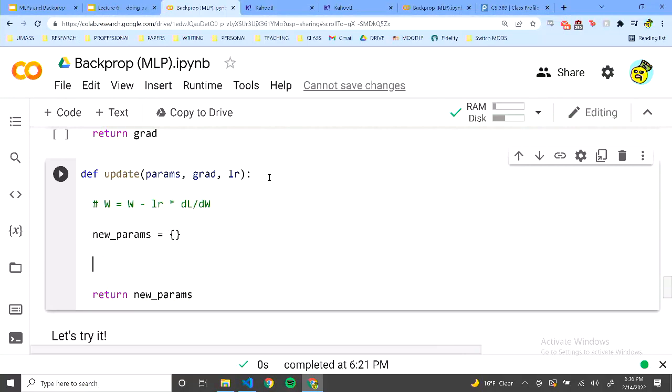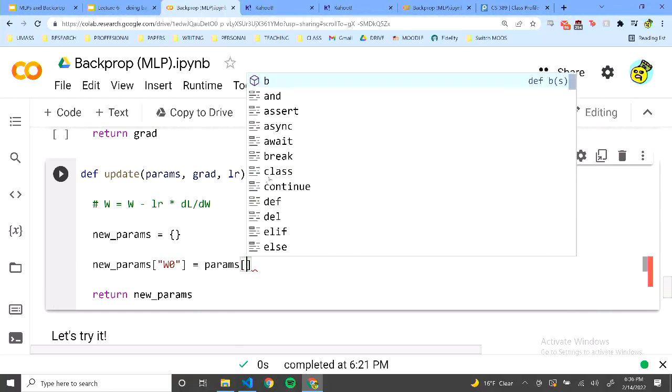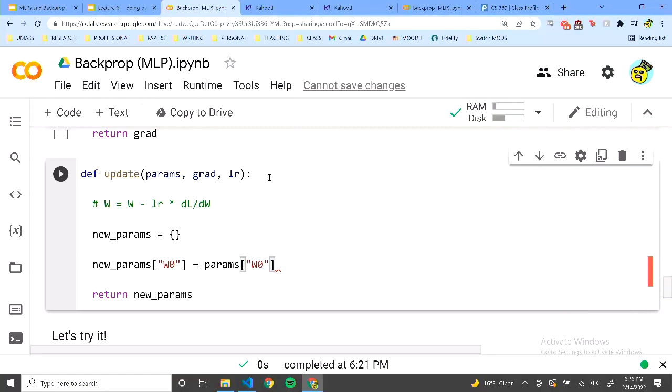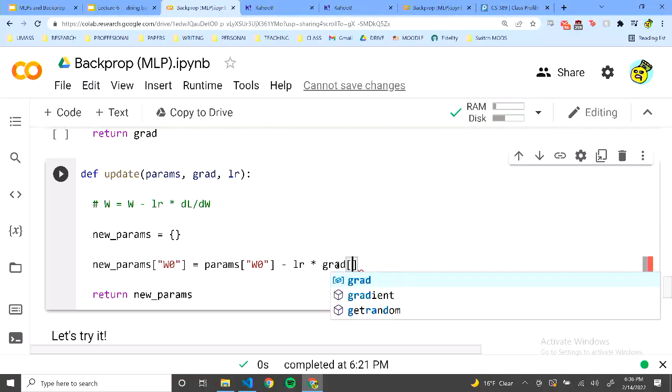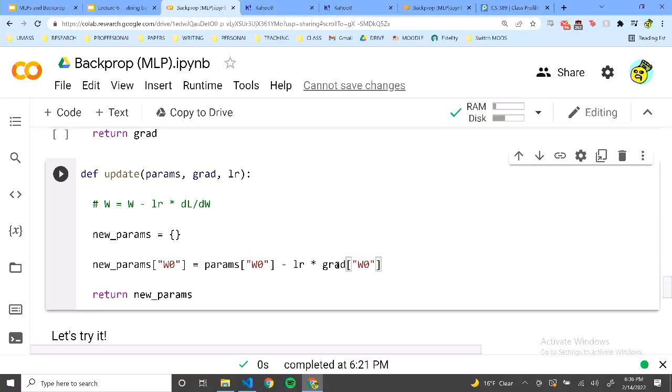So now we're going to say that new params of weight 0 is going to be equal to params of weight 0, because that's what we had stored already, minus learning rate times, and can we just multiply it? So this learning rate is going to be some number, and we're going to have our grad be something else. So that's our gradient of W.